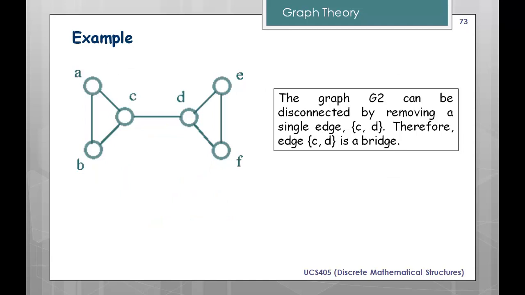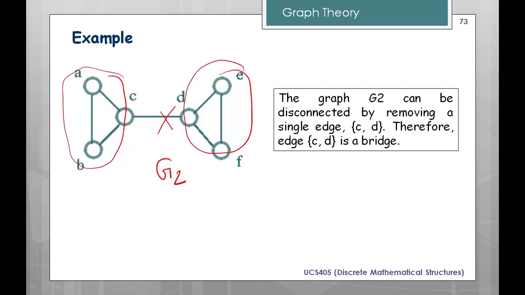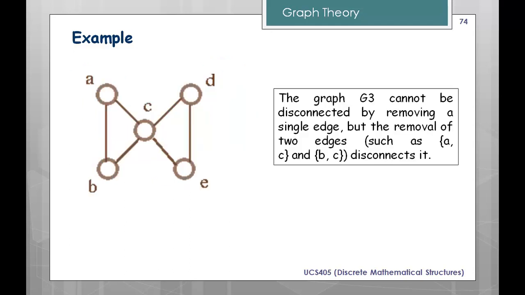Now graph G2 can be disconnected by removing a single edge, CD. So this is one component and this is the second component. So this graph is separable. Now this is the G3 graph.